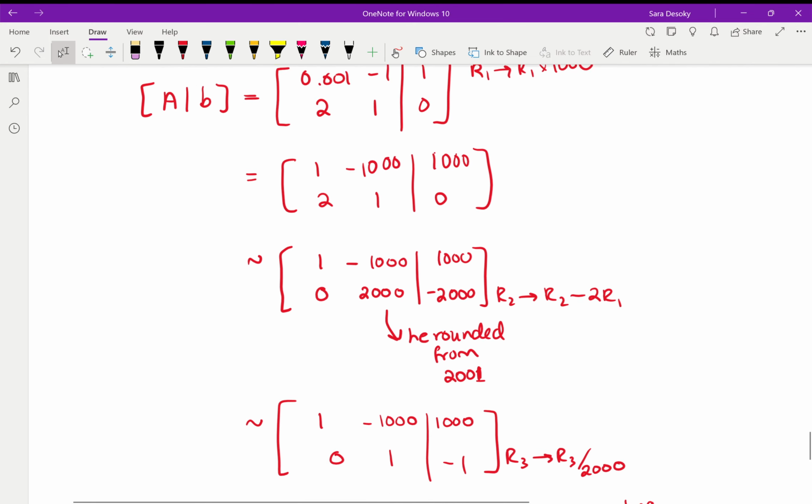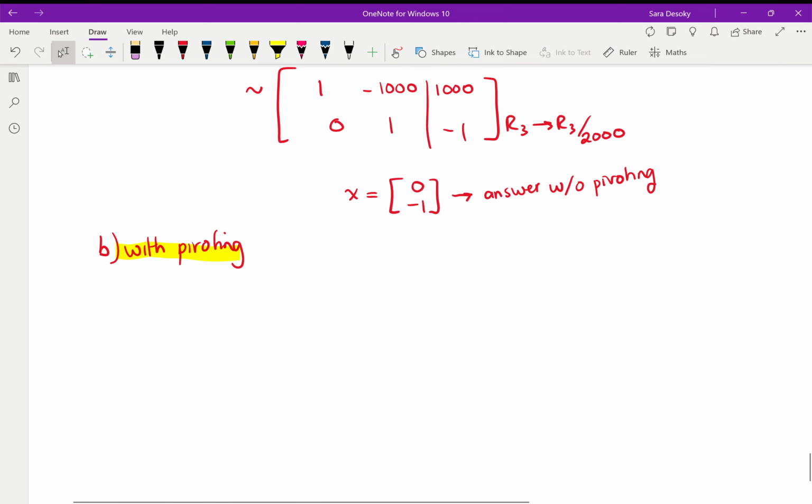Which of these is the smallest? Which is the smaller for the pivot? This one, the 2. So that's going to be the pivot, and we have to do a row interchange. That row goes to the bottom.